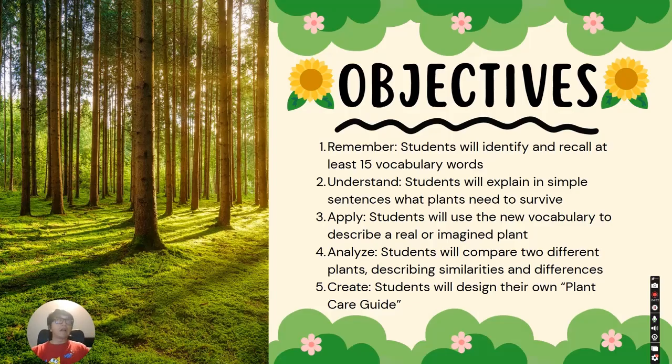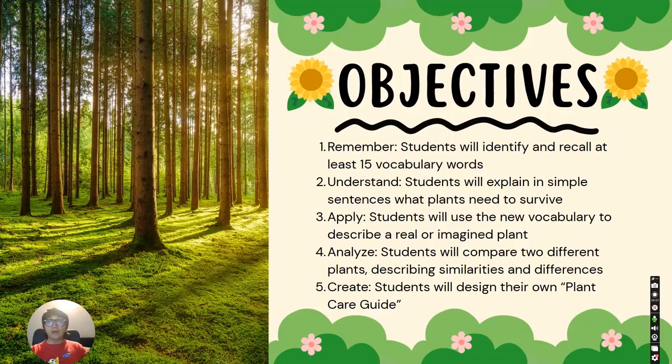Examples like seed, soil, water, leaf, grow, or sunlight, even. Now, the second level we have is understand. Here, the idea is for the students to explain in simple sentences what plants need to survive. Basically, a plant needs water, a plant needs shade, a plant needs sunlight.